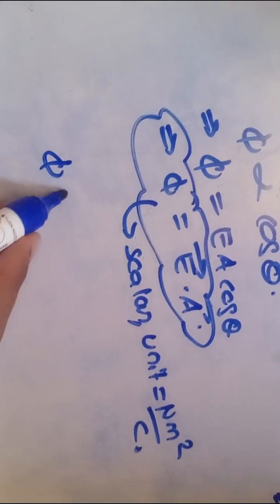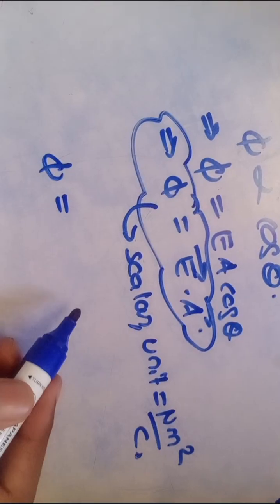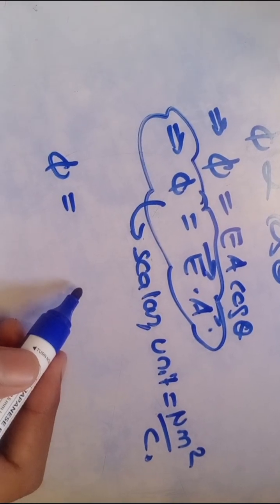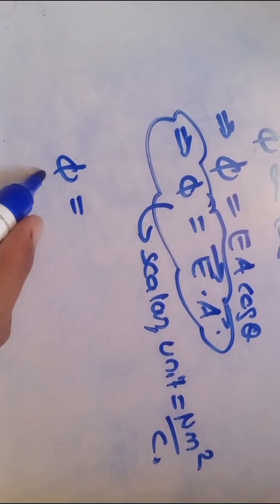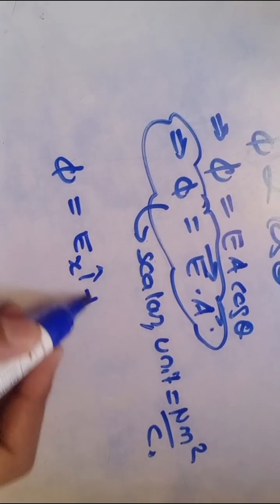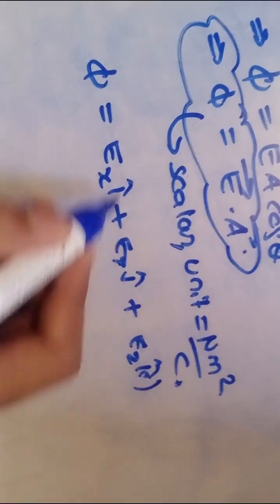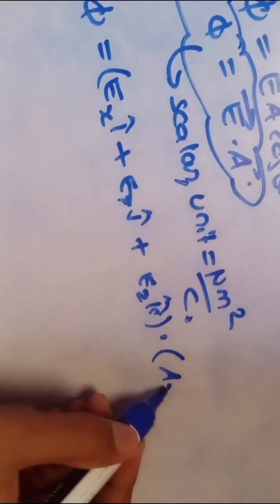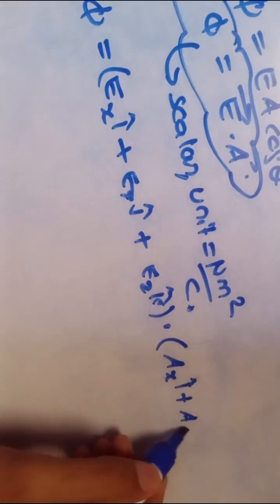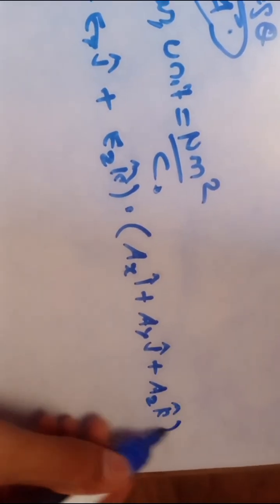Now if the electric field is present along the x-axis, y-axis and z-axis, then how do we calculate electric flux? Then flux equals (Ex i cap plus Ey j cap plus Ez k cap) dot product (Ax i cap plus Ay j cap plus Az k cap).